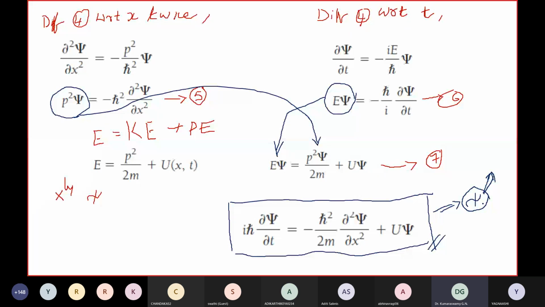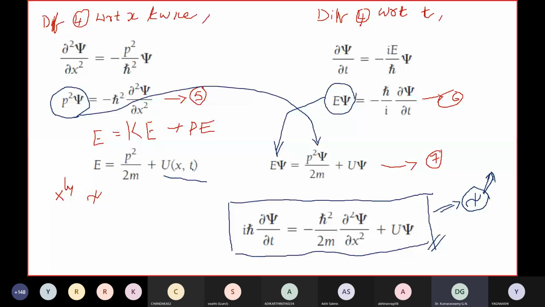Okay. Next thing. Here we have psi as position as well as time dependent. That means you see here, this is the potential energy. But in many cases, the potential energy would only depend on position.